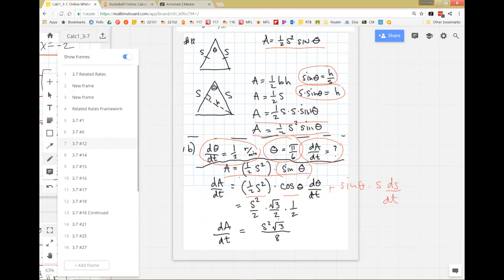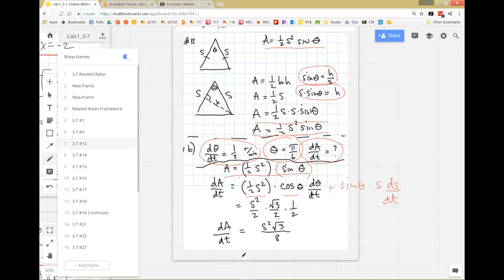Okay, let me just think about that a minute. The first times the derivative of the second plus the second times the derivative of the first. I'm going to have to work on that one separately. I'm not seeing why I left that out.